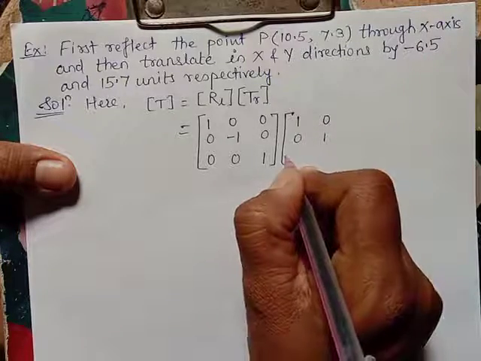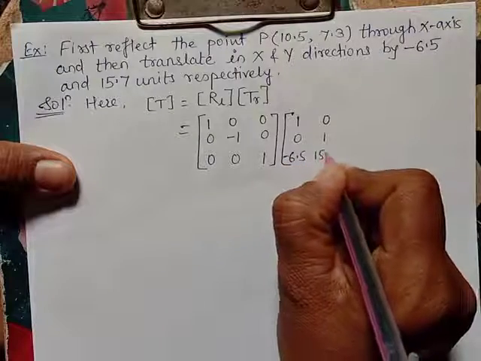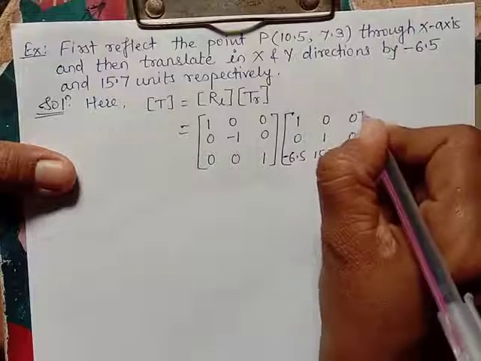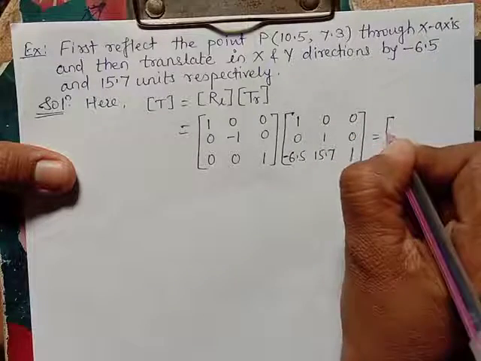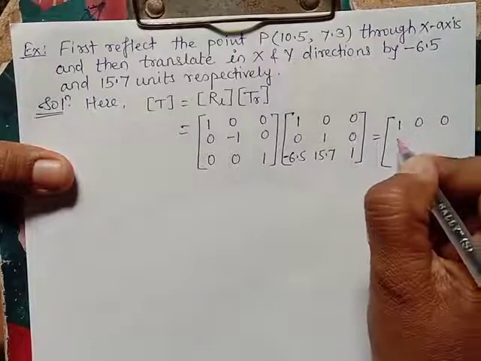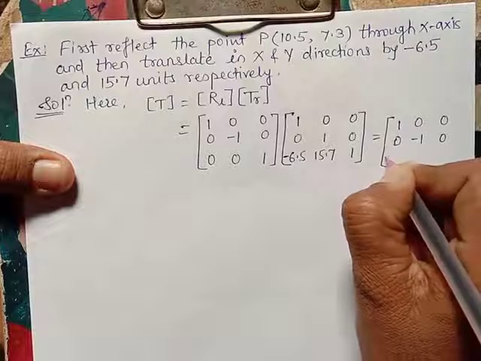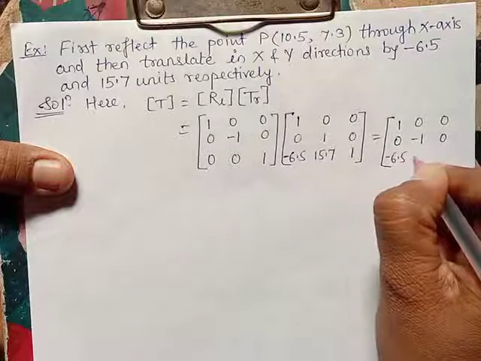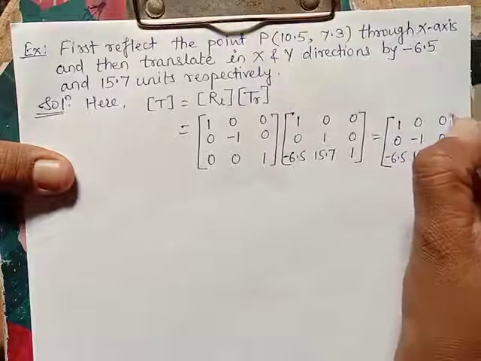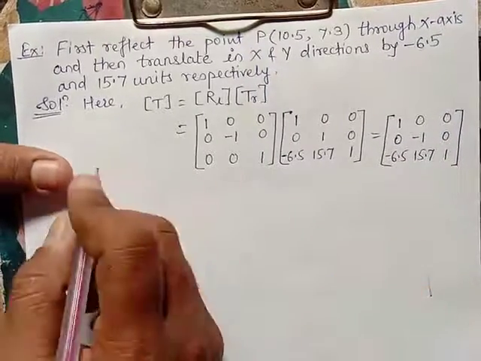Translation, so here -6.5 and here 15.7 and 0, 0, 1. And this product is 1, 0, 0, 0, -1, 0, -6.5, 15.7 and 1. This product will be this one.